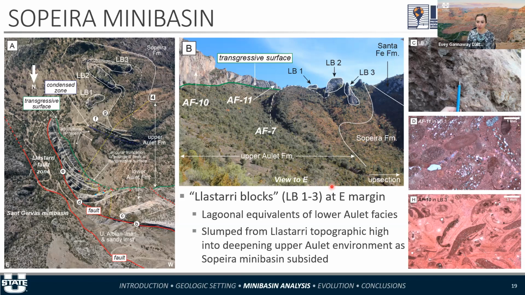So we envision that these were deposited on that topographic high that I was mentioning along this eastern margin, and that they were then redeposited and shed out into this deepening upper Aulet environment, basically as slump blocks, folding the upper Aulet strata in the process.